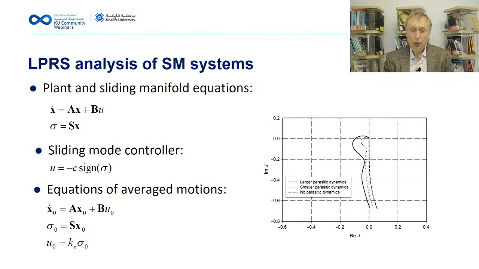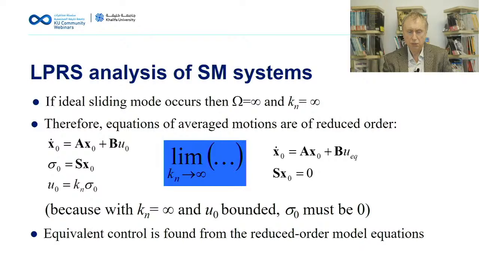So now we have the equations of the original systems and equations of the average motions when we introduce the equivalent gain in the system. So these are our equations of the average motions in the system. What is the relationship between what we have found through the LPRS with the additional dynamics present and without additional dynamics?